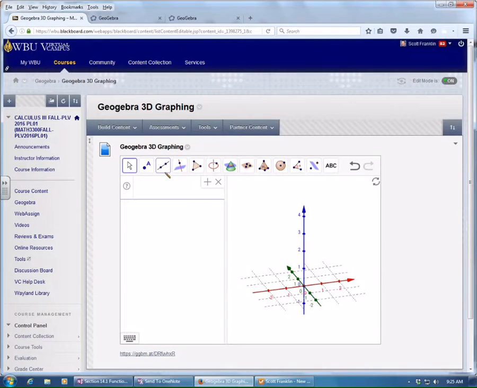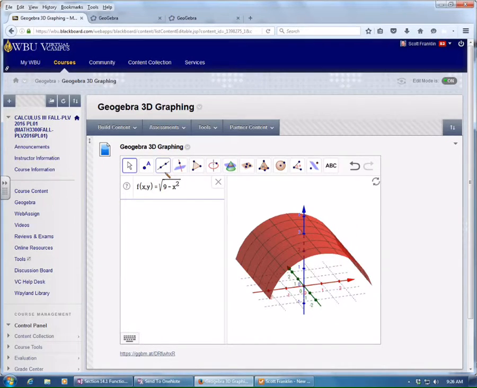But if you click right there, I'm going to type in f of x comma y equals. I'm going to type square root, SQRT. It's going to automatically replace that with the square root symbol. I'm going to do 9 minus x, and then shift 6 for the caret to go up, squared.